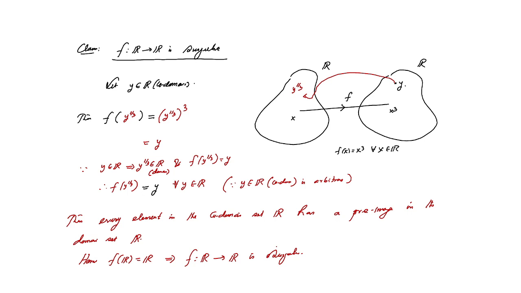So that means this is an example of a mapping which is injective as well as surjective. Now we will continue the next question.